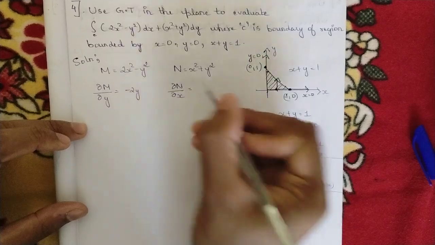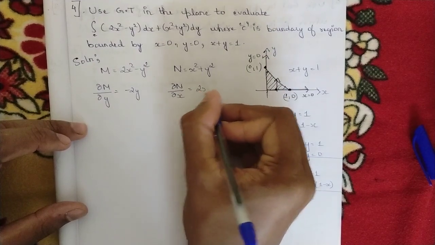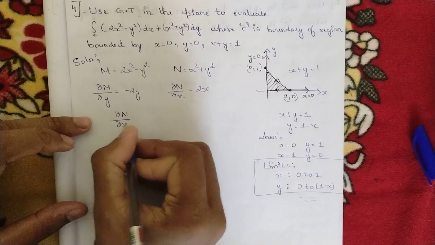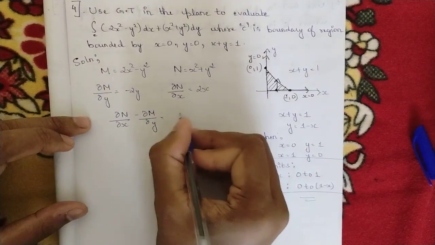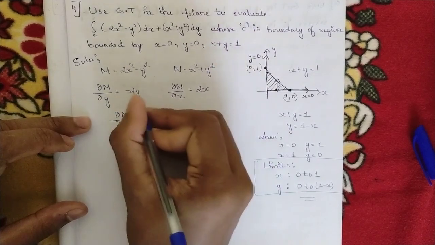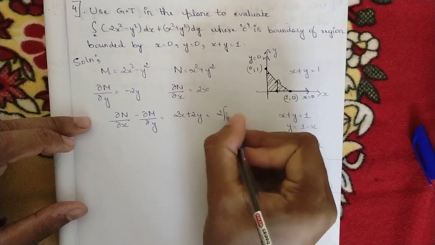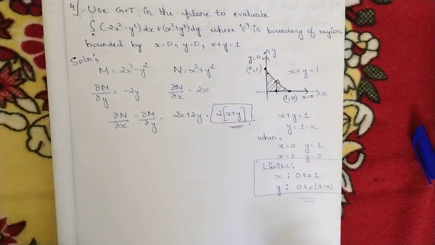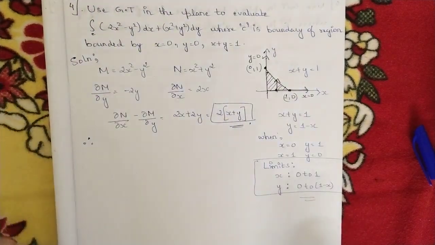Dou N by dou x: with respect to x, differentiation of x square is 2x. So dou N by dou x minus dou M by dou y is equal to 2x minus of minus 2y, that is 2x plus 2y, or taking 2 common, 2 into (x plus y). Now solve for the integration.